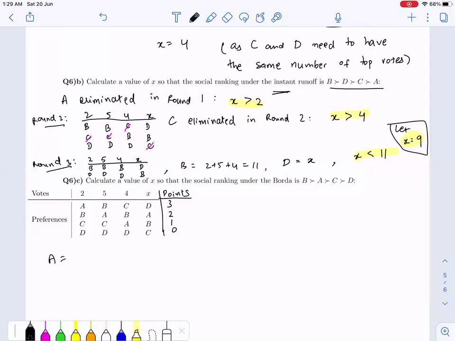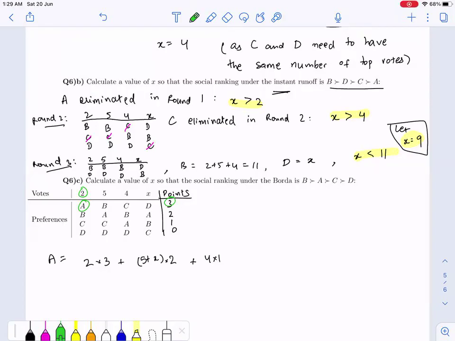So A has 2 times 3 points plus 5 plus X times 2 points plus 4 times 1 point. So again, 2 top votes for A, and the top votes have a weightage of 3, so 2 times 3.